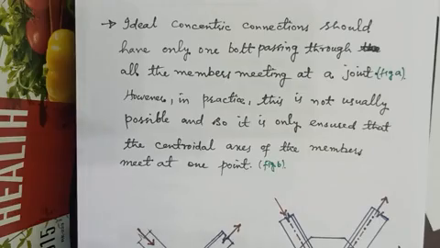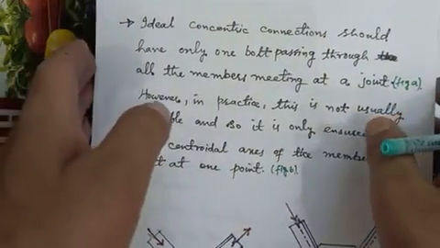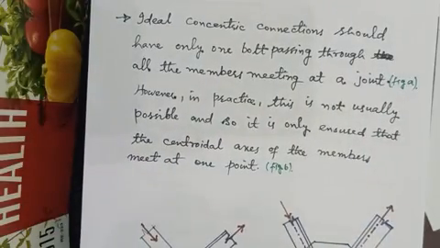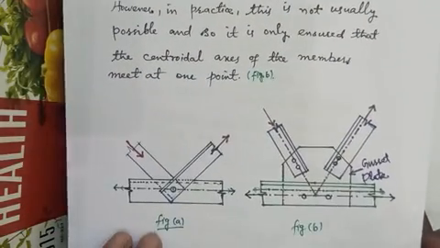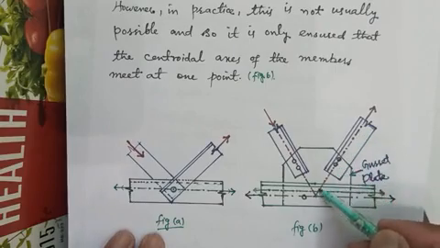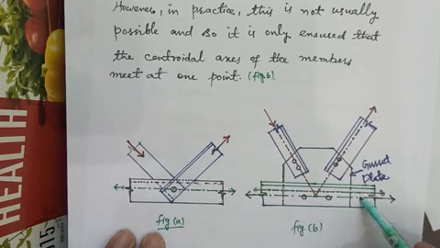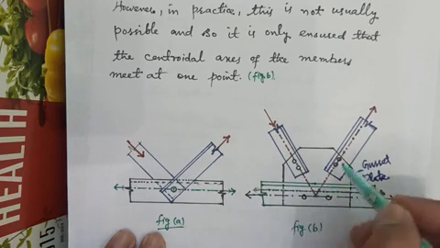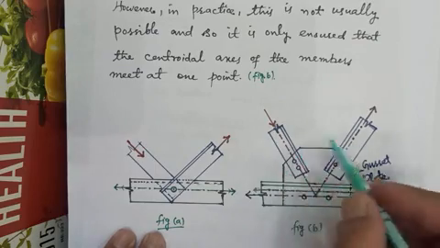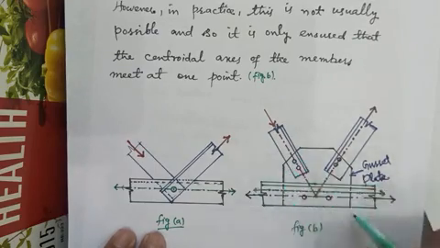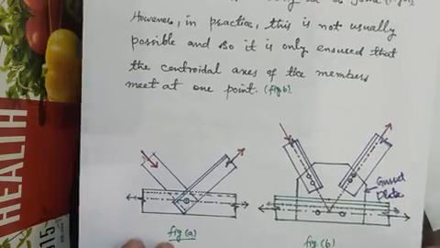So it is only ensured that the centroidal axes of the members meet at one point. As you can see from figure B, this is the centroidal axis of this member, this is the centroidal axis of this member, and we have the central axis of this member meeting at one point. So we can connect these members through a gusset plate to make a connection.